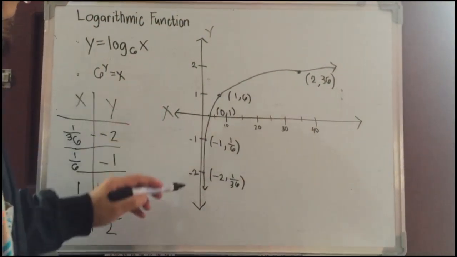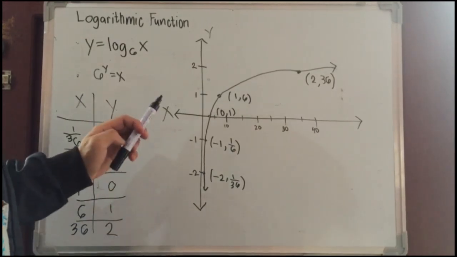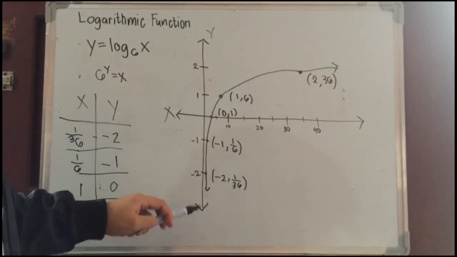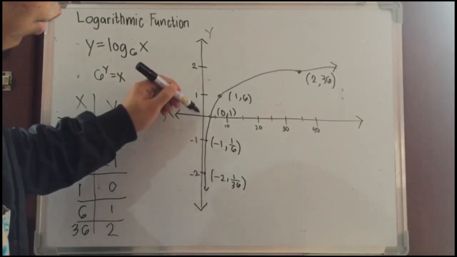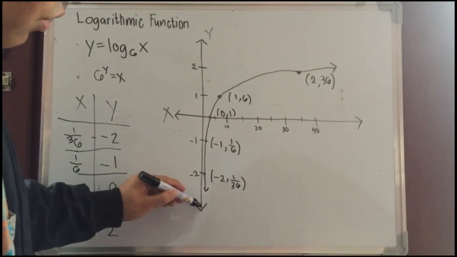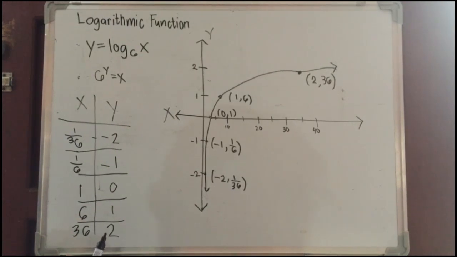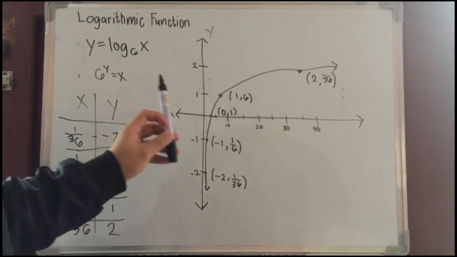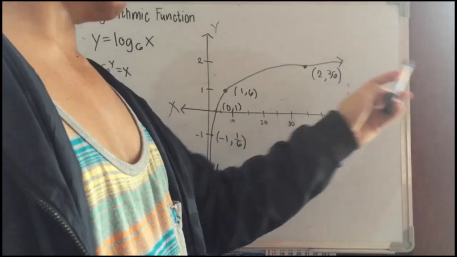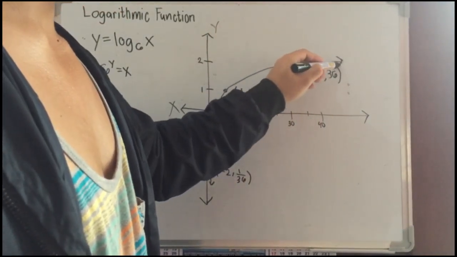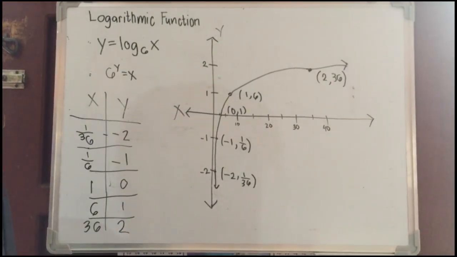So as you can see, as you lower the value of y, it goes much closer to 0, but it would not really touch 0. And if you increase the value of y, it will go to the other side. So that's how you graph a logarithmic function.